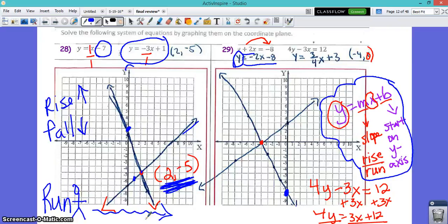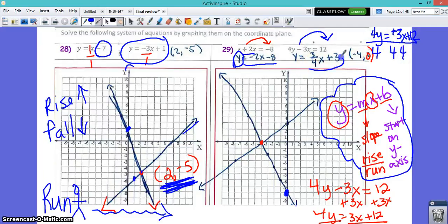You want to make sure that it's in y = mx + b format. Once it is, which if you take this 3x and move it over here, you will have 4y = 3x + 12, and then you want to have just a y over here, so you divide everything by 4.